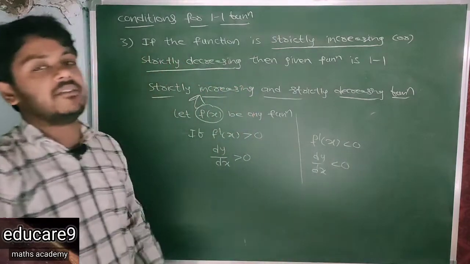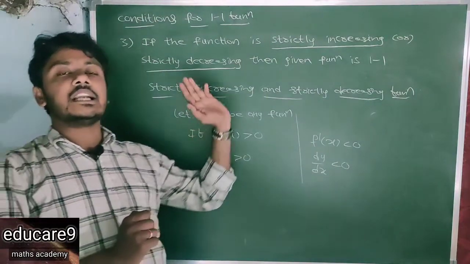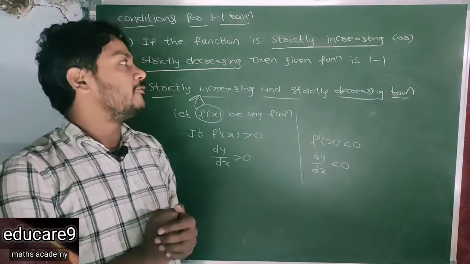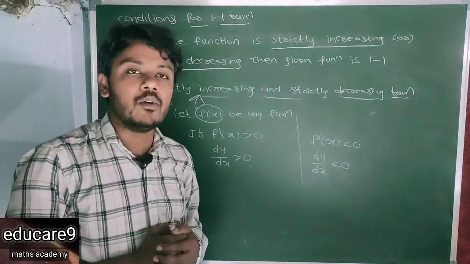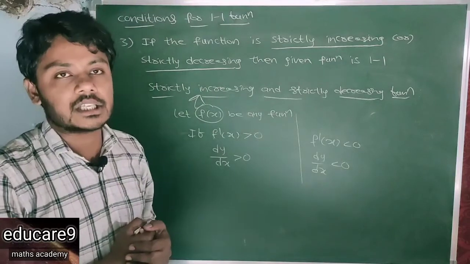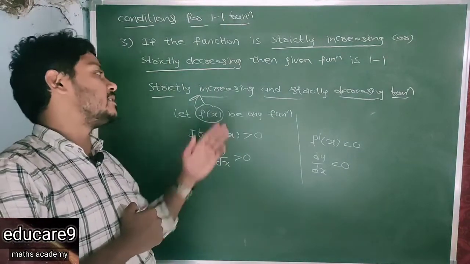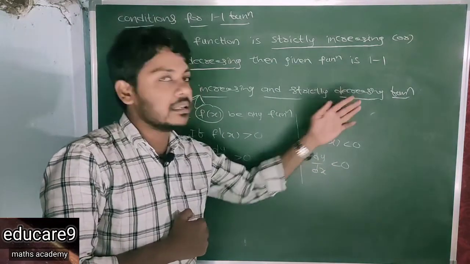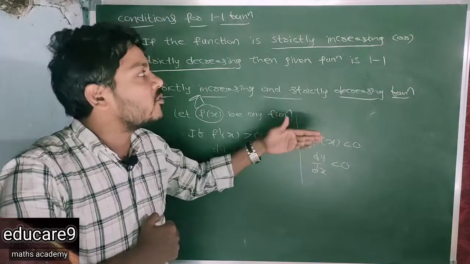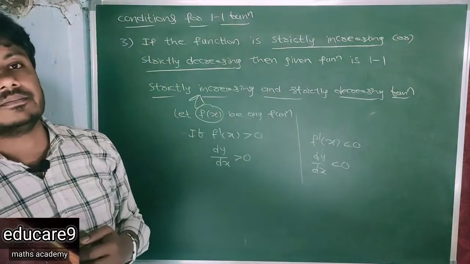If the first derivative is less than 0, the given function is strictly decreasing. If any function is given, you have to find its derivative, and if it is greater than 0 it is strictly increasing, or less than 0 it is strictly decreasing. In that case that function is called a one-one function.